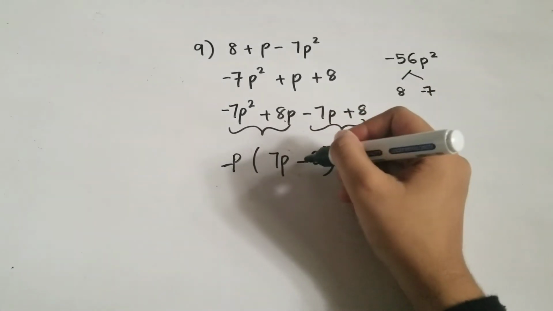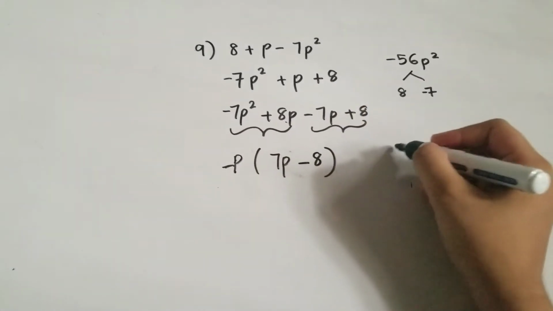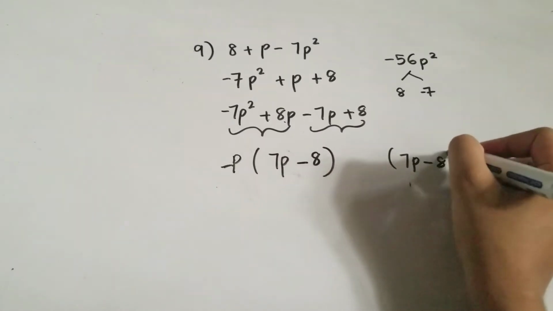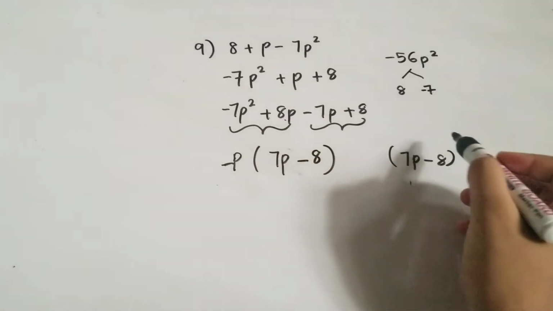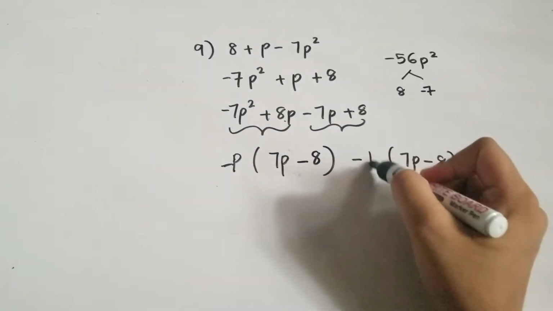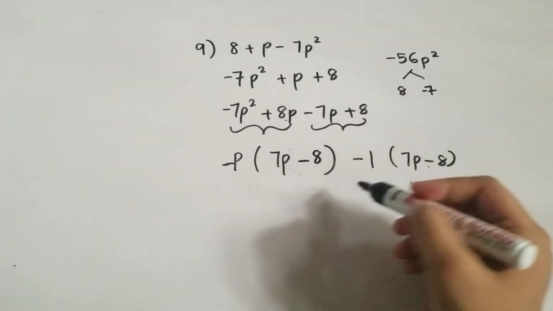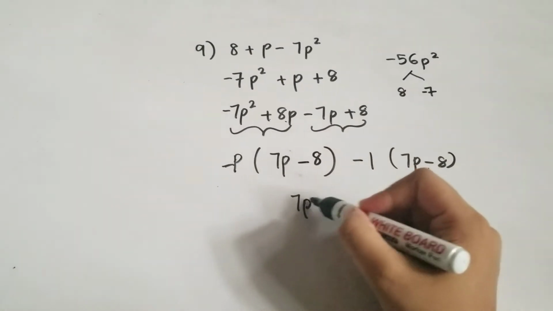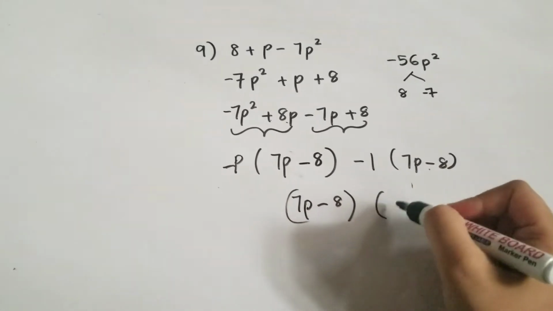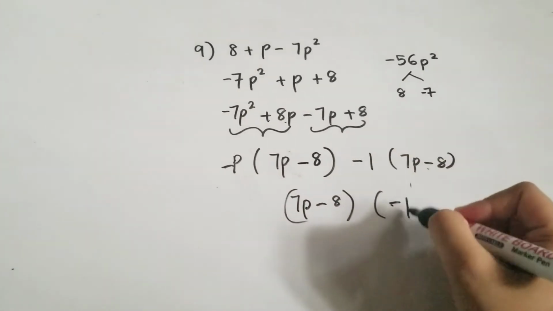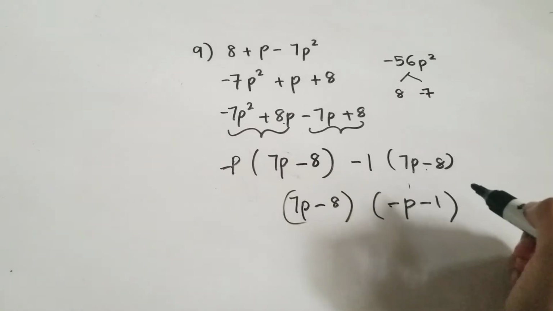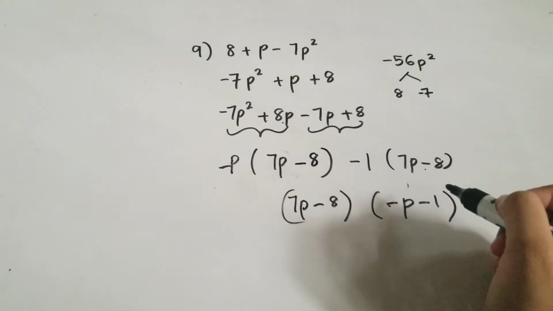Why did I put minus? Minus into minus is plus. So if I write 7p minus 8 here, I need negative 7p. So if I need negative 7p, I have to put negative 1. Then only I get positive 8 also. So what are the factors? 7p minus 8 is one factor. Now here, minus p minus 1. This is another factor. Okay.